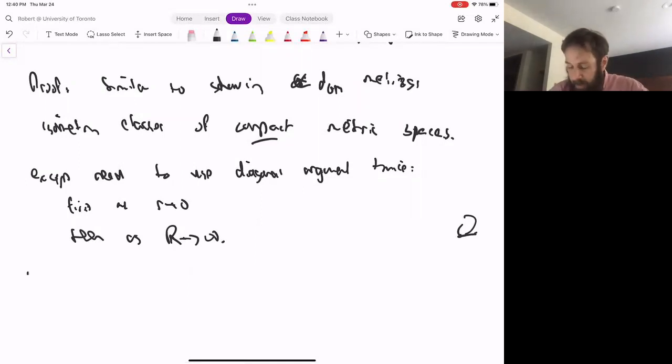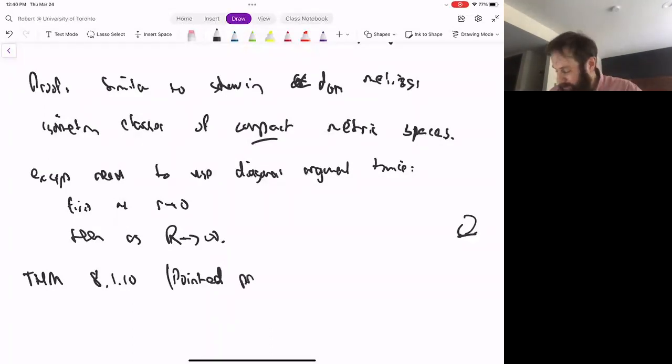And with that, by a similar thing, we can then extend our pre-compactness result to pointed, not necessarily compact spaces. So this is the Gromov pre-compactness theorem for non-compact, but still boundedly compact metric spaces.